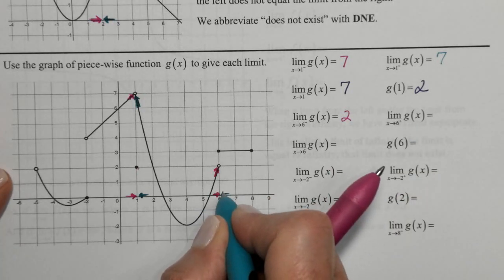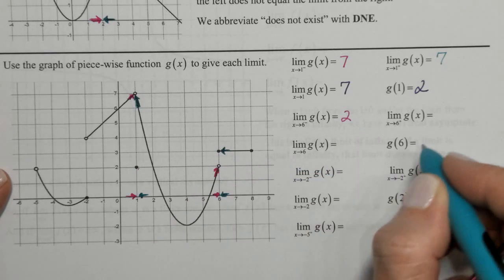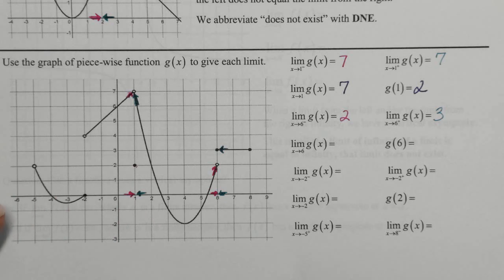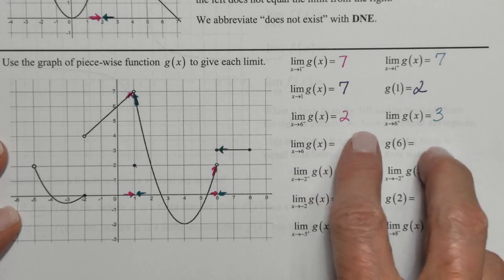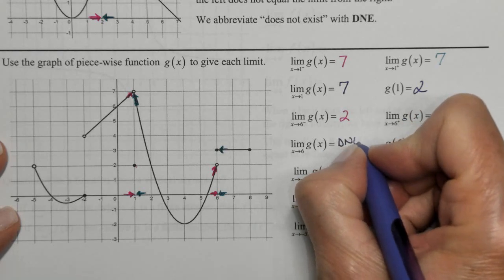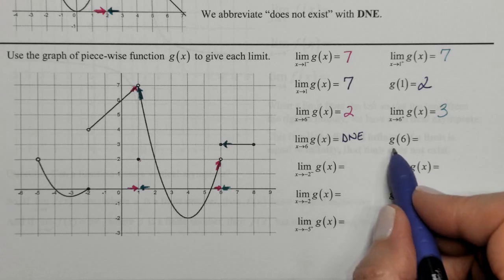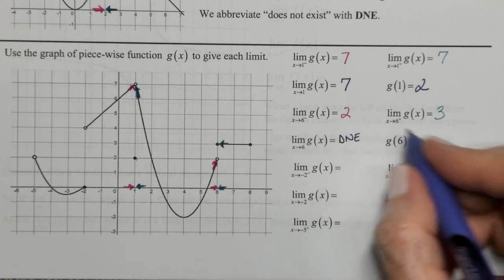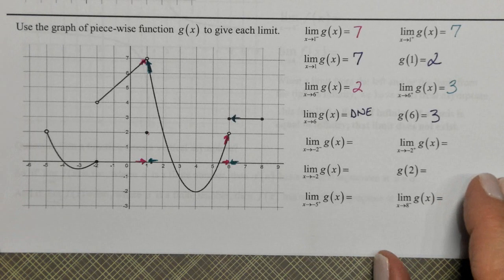From the right, the function is up here, and it thinks it's going to get to 3. Are these the same? Does this exist? No. As x goes to 6, this limit does not exist. Now, what actually is g of 6? Well, g of 6 is 3. This is a lot about reading the graph.